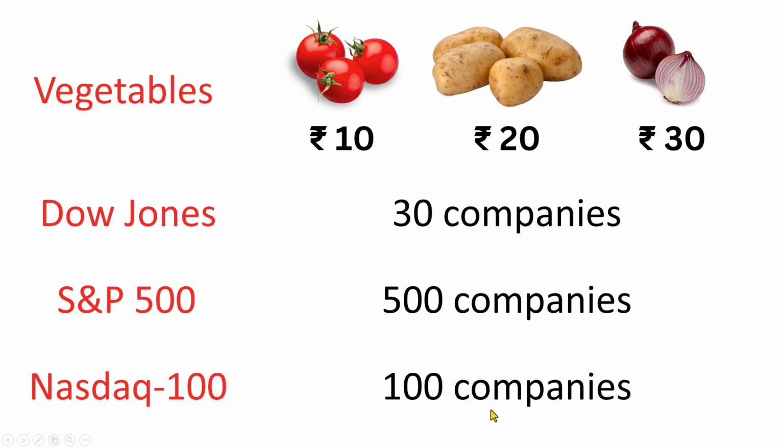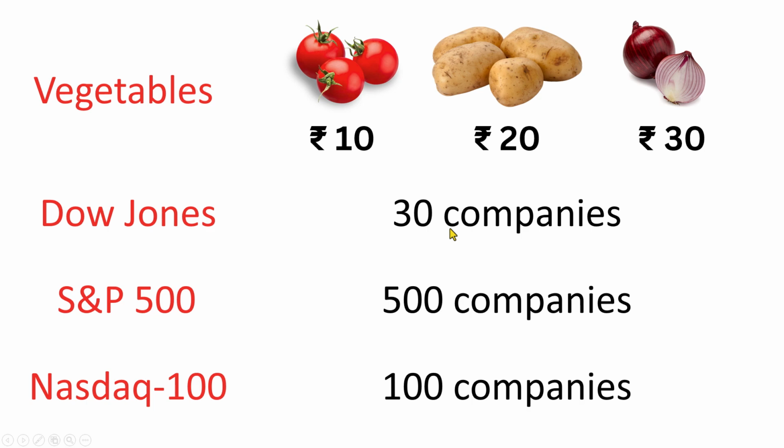Okay? Now, how do you think the index is useful? See, which is easy? Tracking one single value or tracking 30 individual values of 30 companies. Which is easy? Tracking one single value is easy.